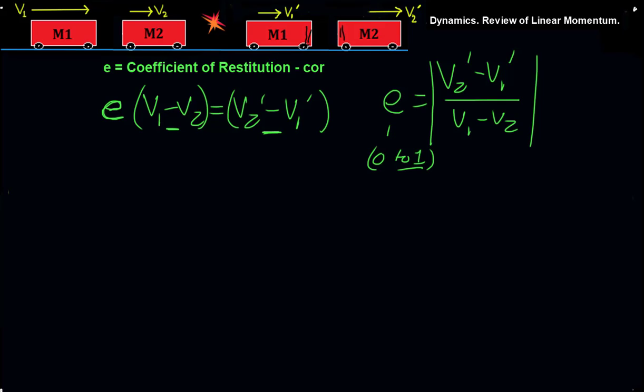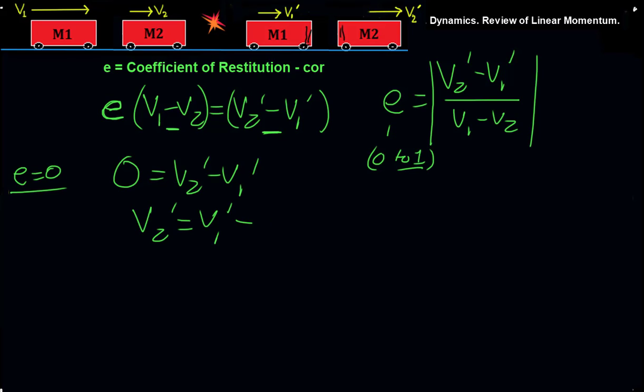And let's look at each of those. For E equal to 0, we get 0 is V2 prime minus V1 prime, or V2 prime is equal to V1 prime, which tells us is our perfectly plastic sticking together.